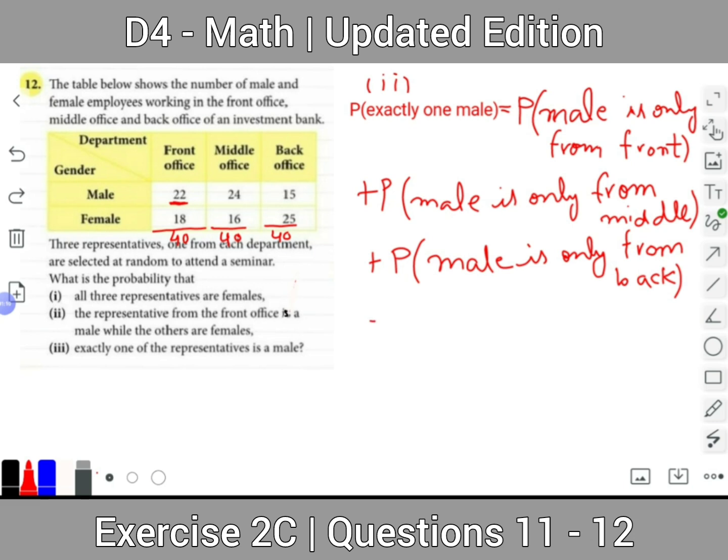Now from the table we can easily find out the probabilities for these 3 possibilities, but first we will apply the multiplication law of probabilities here.